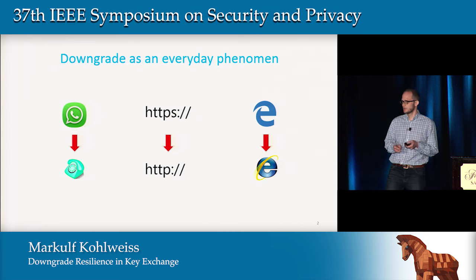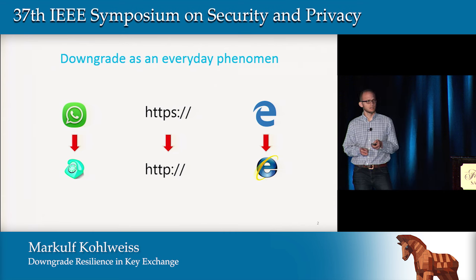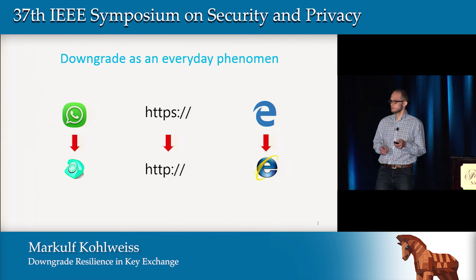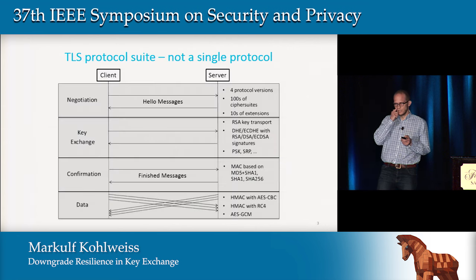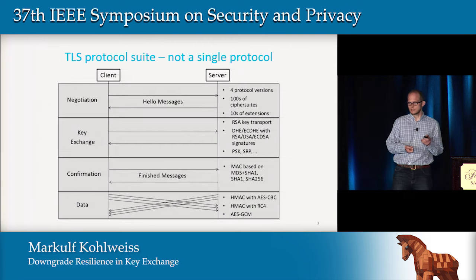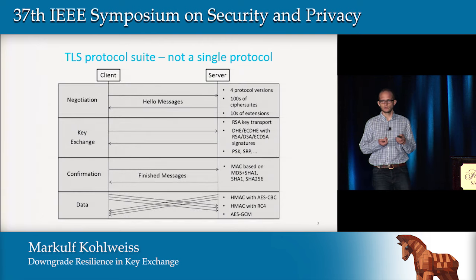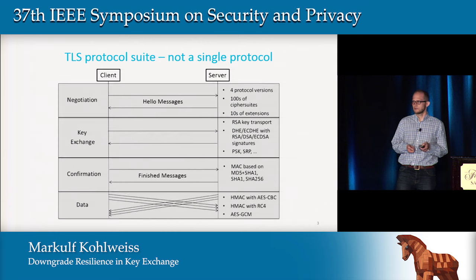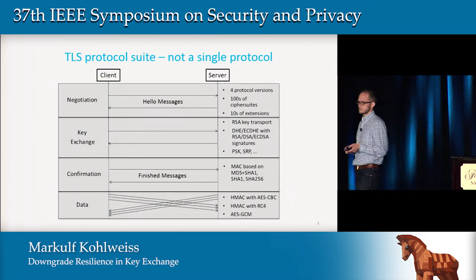So by now you've heard about TLS 1.3 and why it is important. For the purpose of my talk, I want to emphasize that TLS is not a single protocol. It's a suite of protocols that have a negotiation mechanism that is widely used to negotiate multiple versions and many more cipher suites.